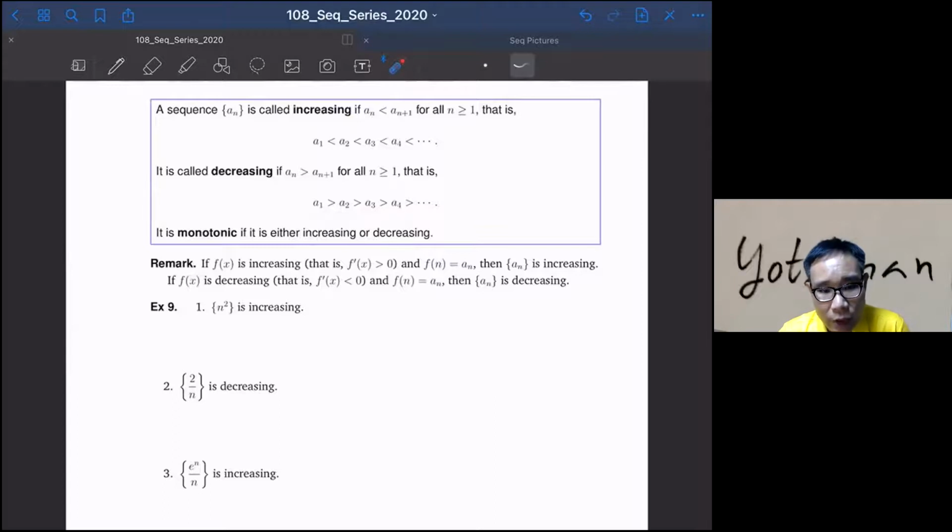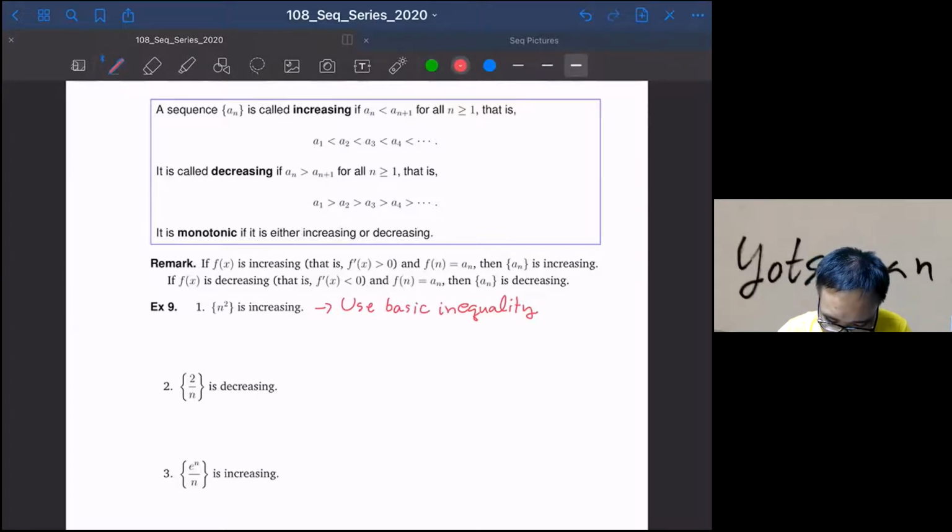The way to check increasing and decreasing turns out to be direct comparison, using basic inequality. For example, n squared is increasing.